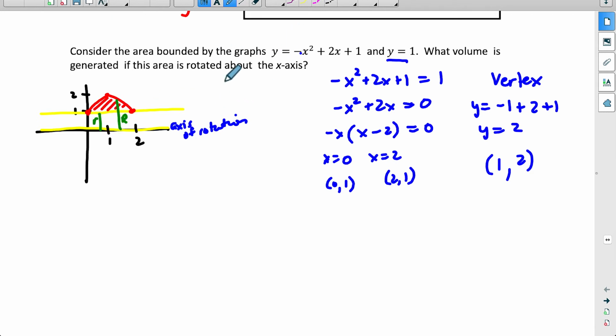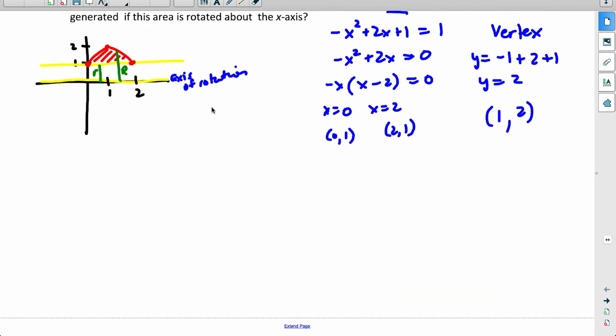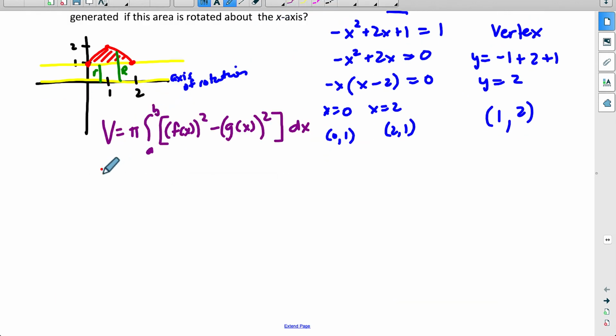All right, we're rotating around the x-axis, so we're going to use the top formula right here. I'm going to cheat, and I'm just going to copy-paste it here. And away we go. Volume equals pi. Okay, what are our bounds? Well, this part that's being rotated is being rotated from 0 all the way up to 2.